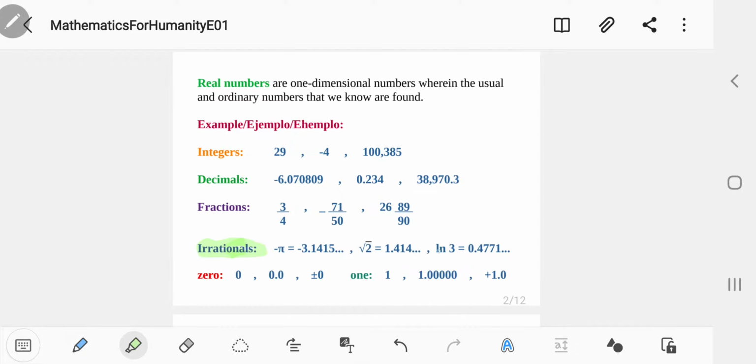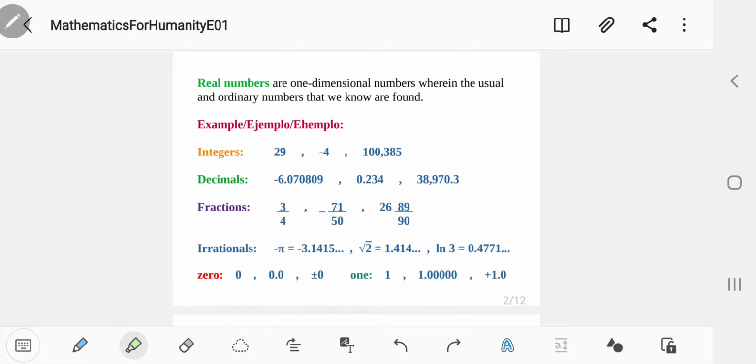And then we also have natural logarithm of 3, which is equivalent to 0.4771 followed by a long sequence of numbers, which we will not write anymore because that's very long, or who knows, it will end or not.